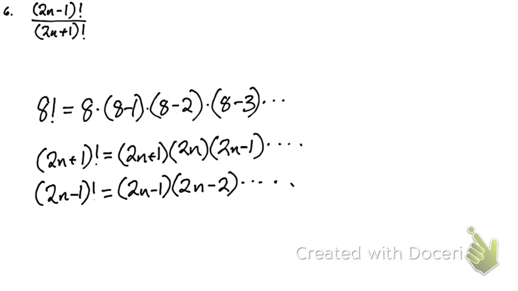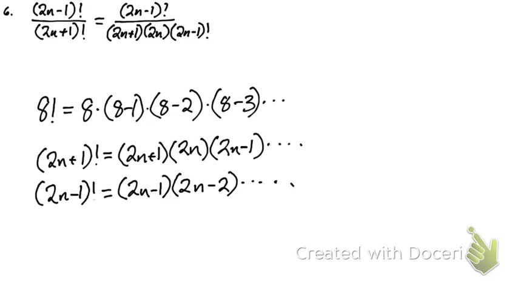Something over itself is going to turn to 1. So now I'm going to actually rewrite the fraction. I'm going to leave (2n minus 1) factorial on top. On the bottom, I'm just going to do the first couple steps: 2n plus 1 times 2n times 2n minus 1, and I'm going to stop there. Because I can now stop there and put a factorial symbol after that.